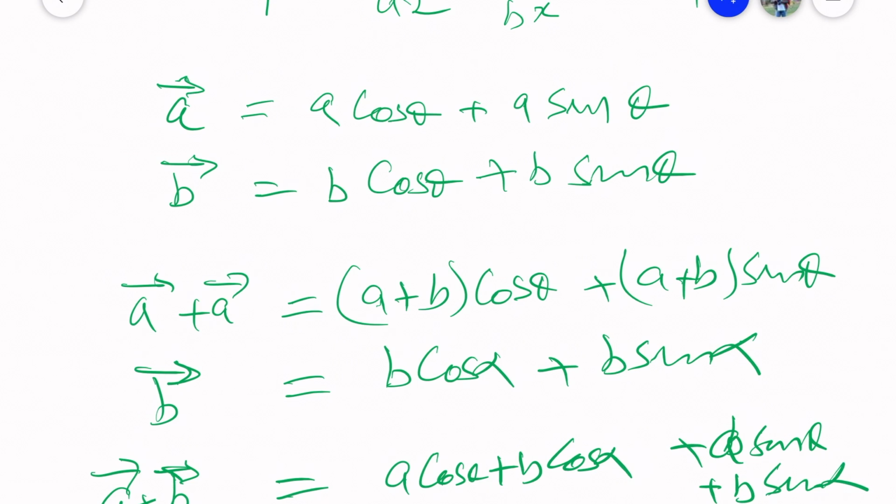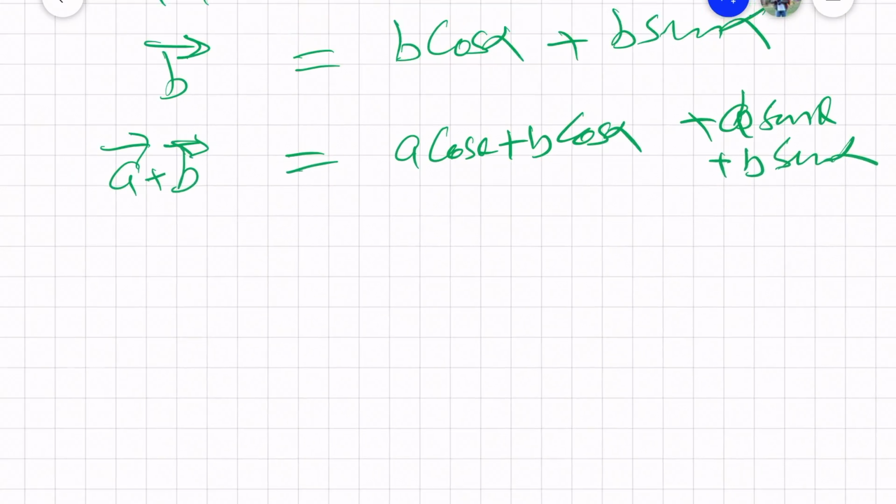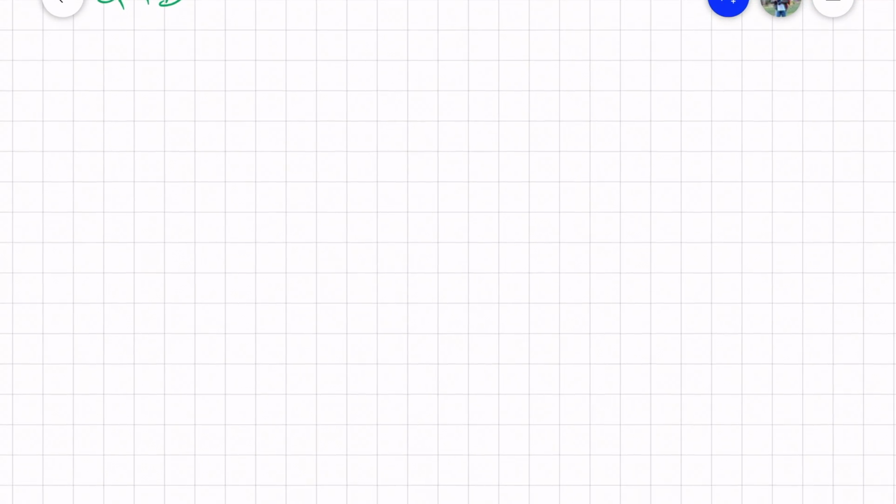So that is why being able to find components is very important, because in a complicated mathematical discussion we would need to break them down into their components and solve these vectors.